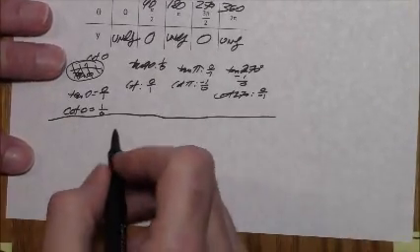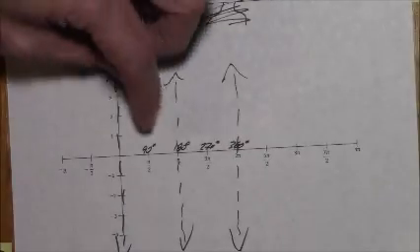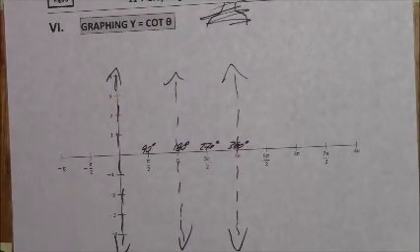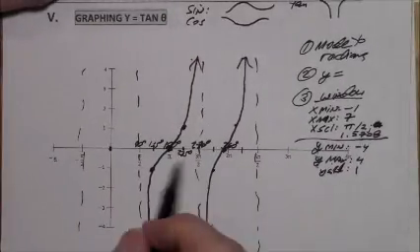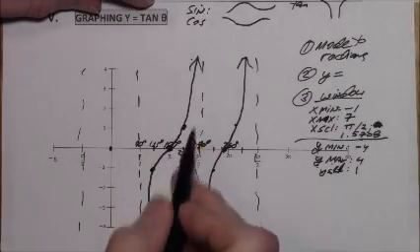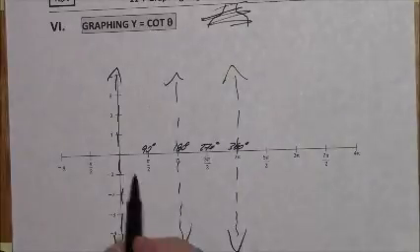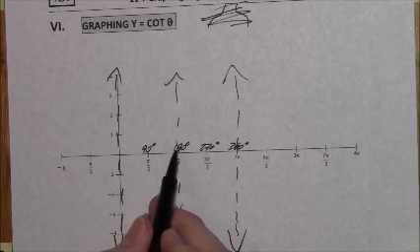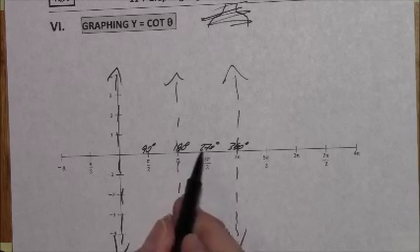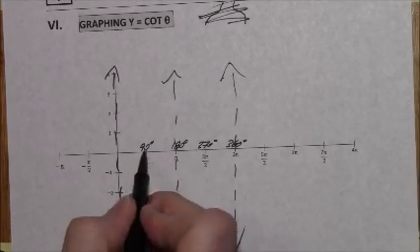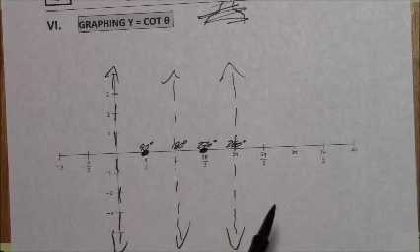But this time, because we've moved over, in fact, let's take a look and compare this. For the tangent, we had to work between 90 and 270 because that's where the asymptotes were. But for cotangent, it's between 0 and 180. 90 and 270, instead of being asymptotes, are actually zeros.